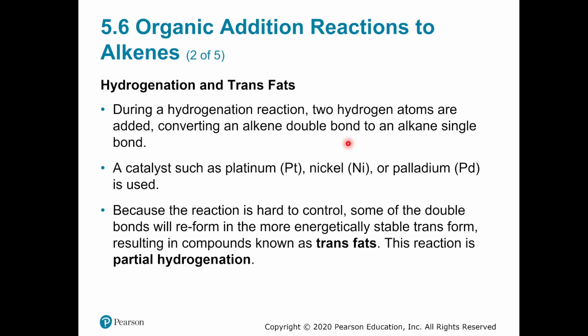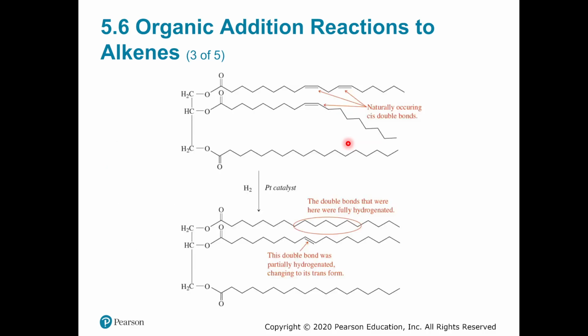And so that's actually what ends up happening where it creates trans fats. And this reaction is called partial hydrogenation. And so what you'll see here is that, let's say we had taken this fatty acid we looked at before, we hydrogenated it, and we got partial hydrogenation. What's going to end up happening is, most of these chains are going to end up the saturated fatty acid right here. Okay?